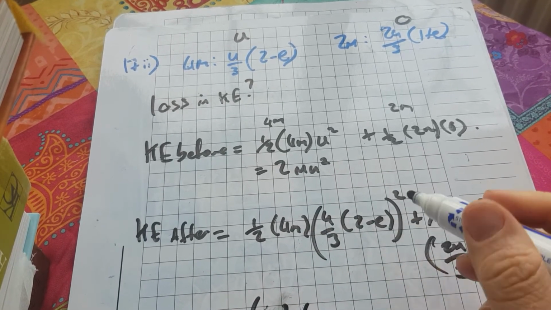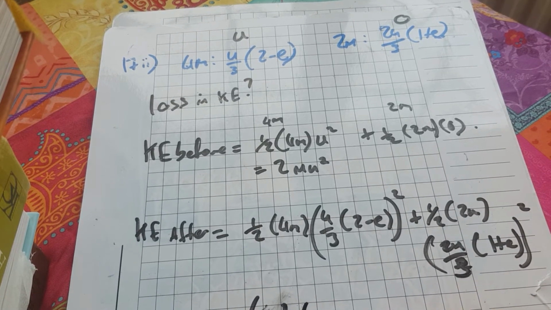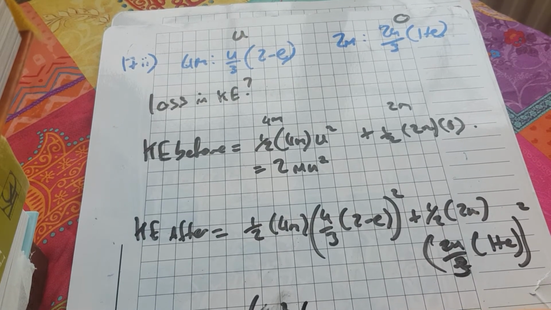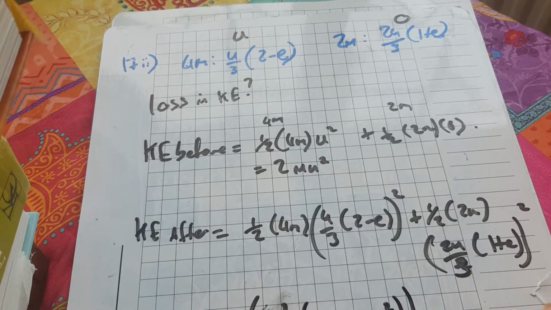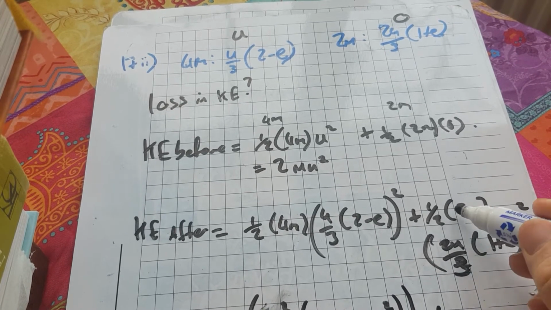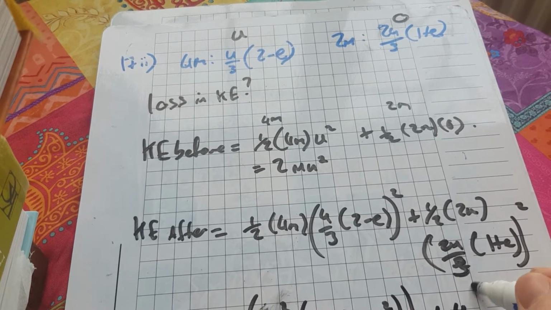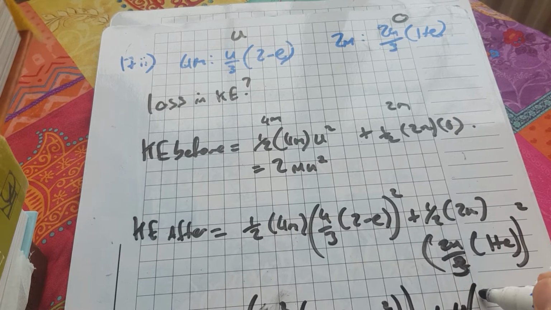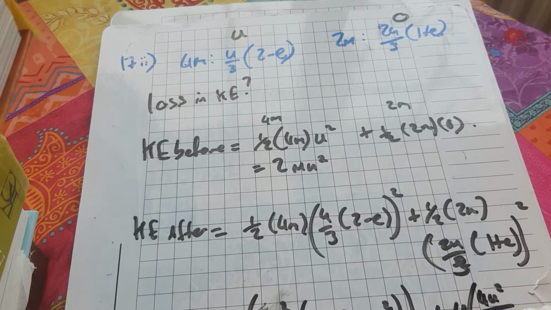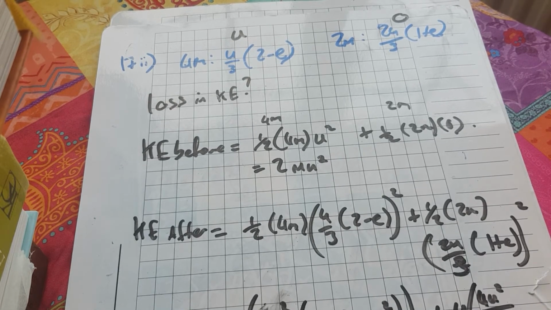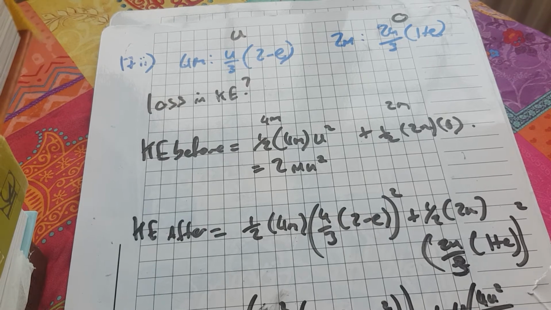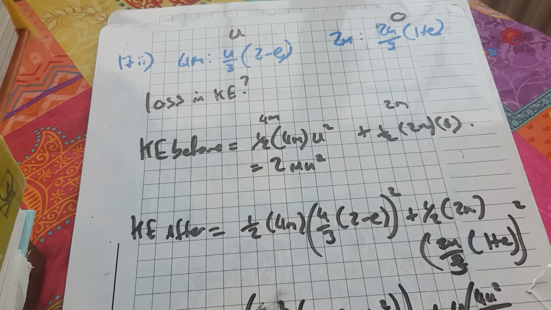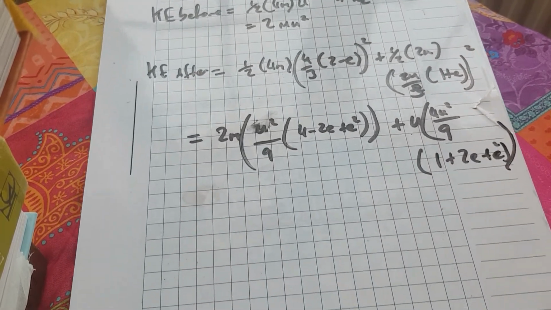And then square 2 minus e: 4 minus 2e plus e squared. Plus, here I get u times, this was 2u, so it becomes 4u squared over 9 by 1 plus e squared, which becomes 1 plus 2e plus e squared. Apologies.